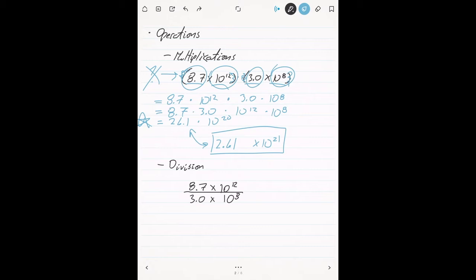Let's try division out. In division, you are, in fact, allowed to do the same thing we did with multiplication, where we split the multiplication. You can split the division as well. What we're going to do is take 8.7, divide that by 3.0, and then we're going to multiply whatever 10 to the 12th is divided by 10 to the 8th.